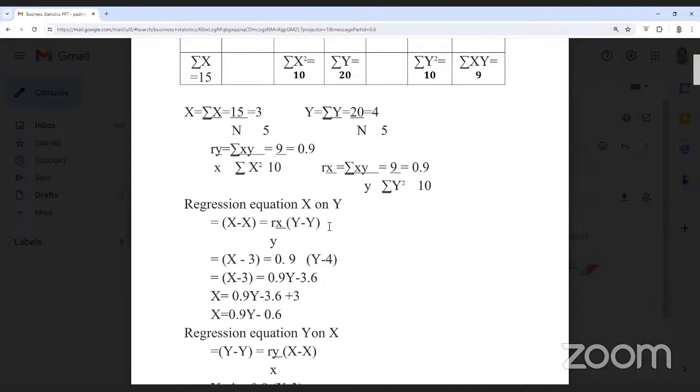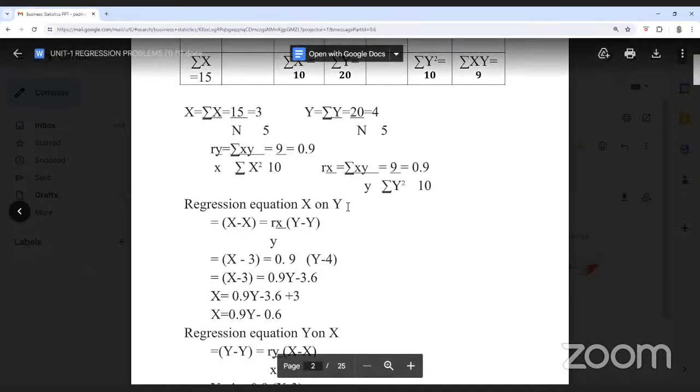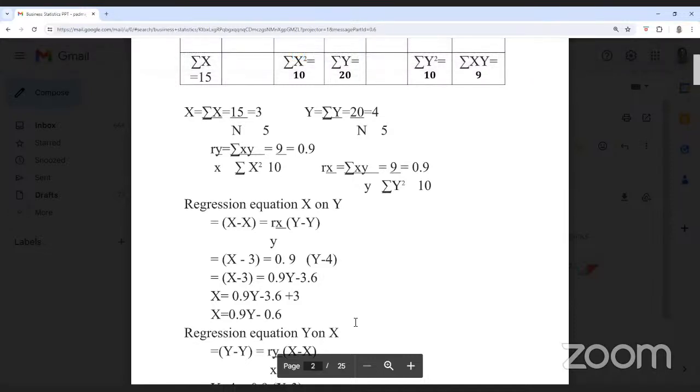In the question, the regression equation, we do not have different formulas. Only one formula, that is regression equation x on y, regression equation y on x. It is there in the textbook, see in your textbook. Yes, ma'am. X minus 1, when you are taking this one, regression equation x on y, so x should come first.